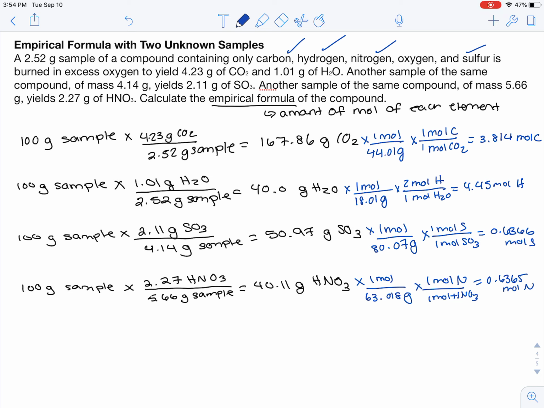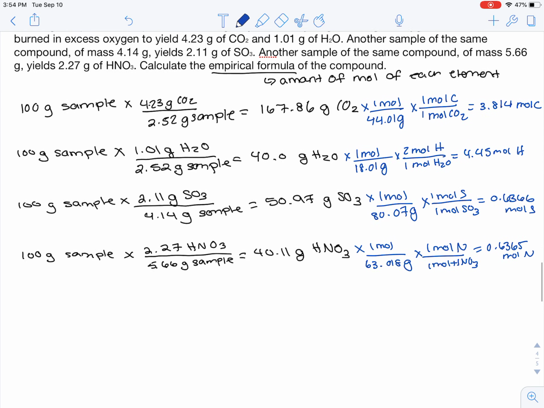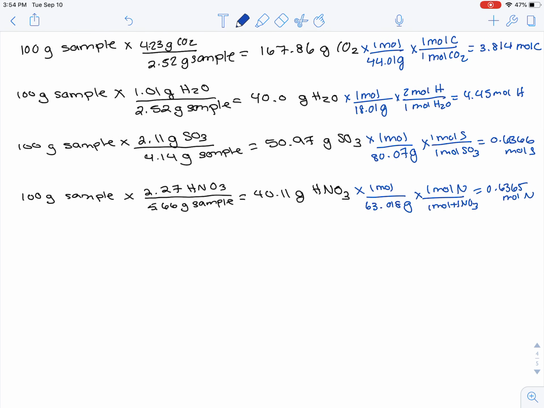So we know that there's 100 grams of the sample, and we need to determine how much we have of oxygen. So what we have to do now is go back to grams of those samples. If we organize this, we have 3.814 moles of carbon times the molar mass.